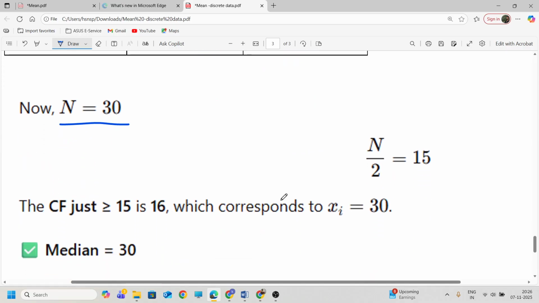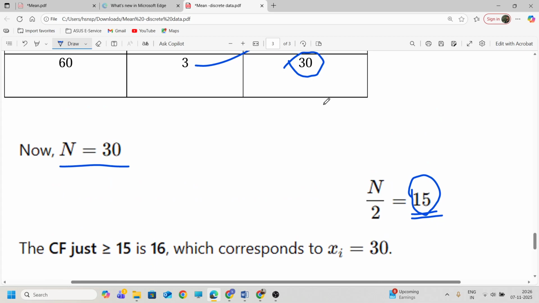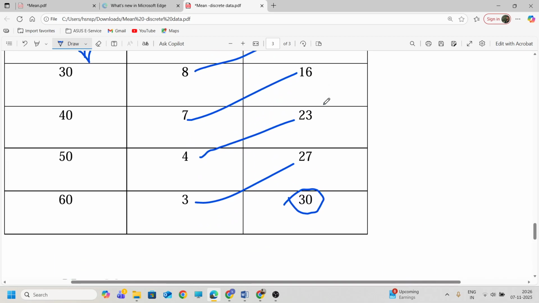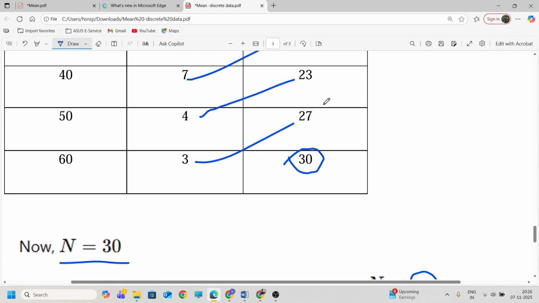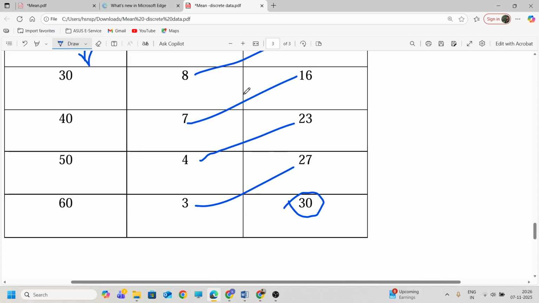Okay. So here n divided by 2 we need to find, that is step 2, and nearer to this n divided by 2, whichever x data it corresponds to is called the median value. What is the n by 2 value? It is 15, right? So we see the table.